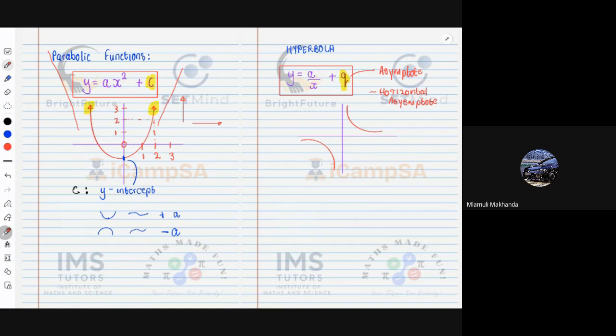And then usually you will see on your papers that we have something like this to represent our asymptotes. And it's represented by q. So it's where y is equal to q. That is where we find the horizontal asymptote.